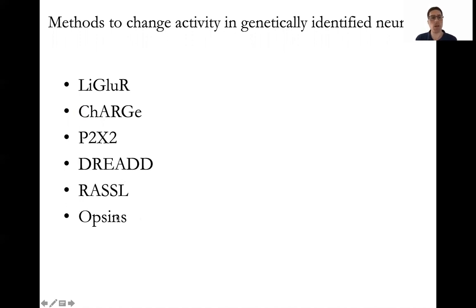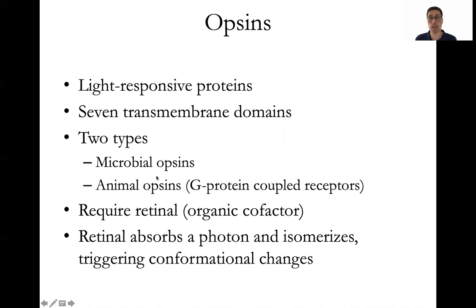Okay, so opsins are light responsive proteins, with 7 transmembrane domains. There are 2 types. There's the microbial opsins and the animal opsins, or G protein coupled receptors. These are the ones that are in your eye, in the retina. And both types require retinol, which is an organic cofactor. This is the reason your parents always told you to eat your carrots when you were little, so that your eyes would work properly, so you have good eyesight.